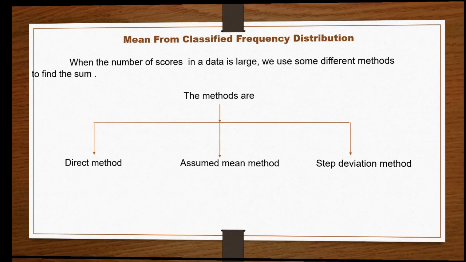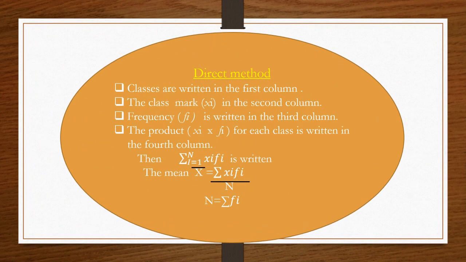The first method is the direct method. In the direct method, we need 4 columns in the table. The classes are written in the first column and the class mark xi in the second column. The frequency fi is written in the third column.